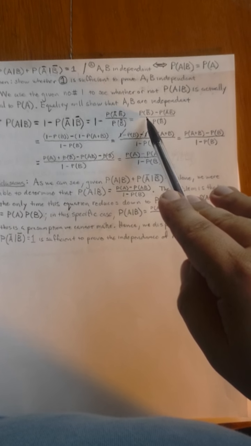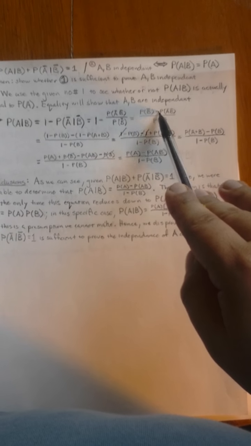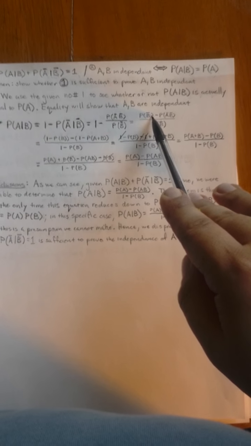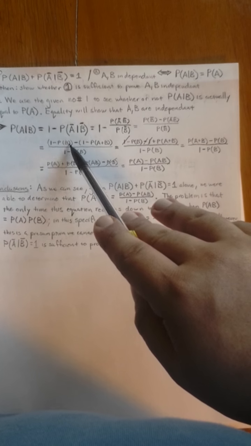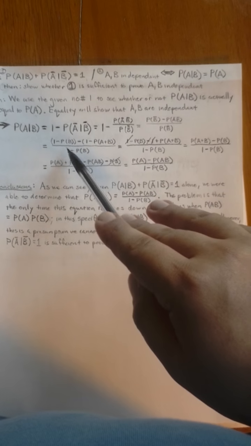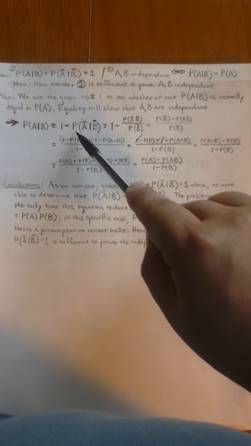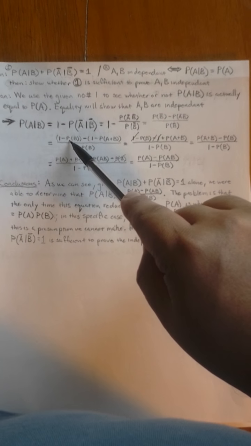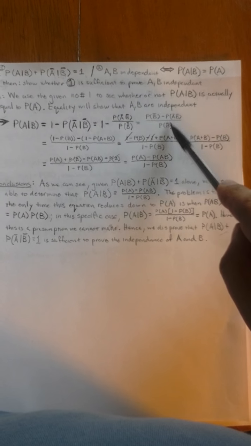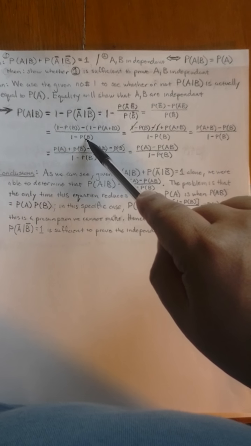Now, starting here, we get a little bit interesting. If we think about it, the probability of the complement of beta is basically 1 minus the probability of beta itself. Makes perfect sense. It goes along with the definition of complements. We thus are able to substitute this term in here on the top of the numerator as well as the denominator.